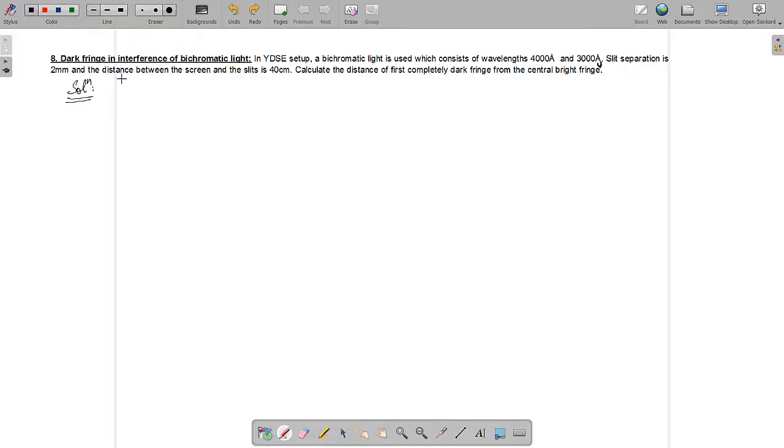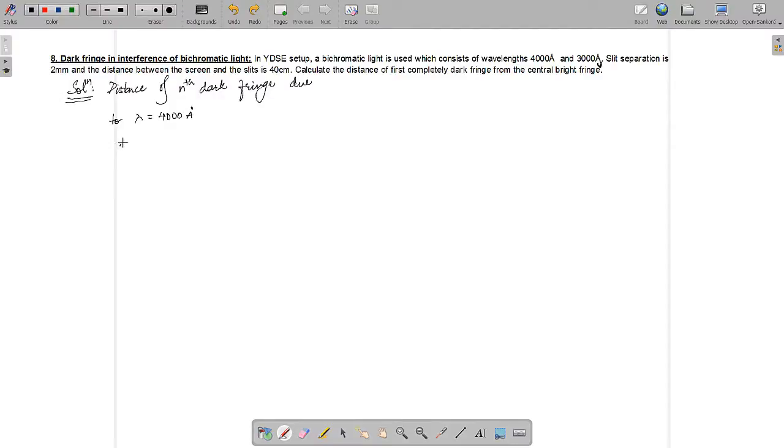First, we find out the distance of nth dark fringe due to lambda equal to, let's say, 4000 angstroms.